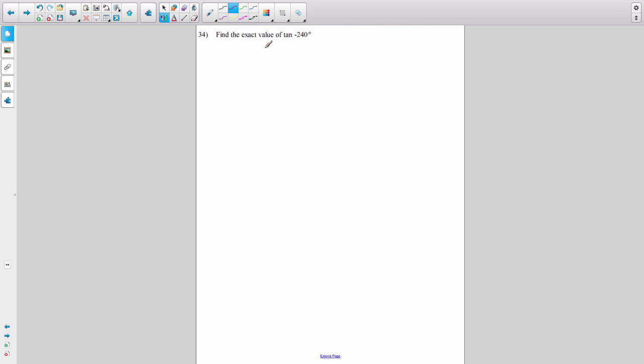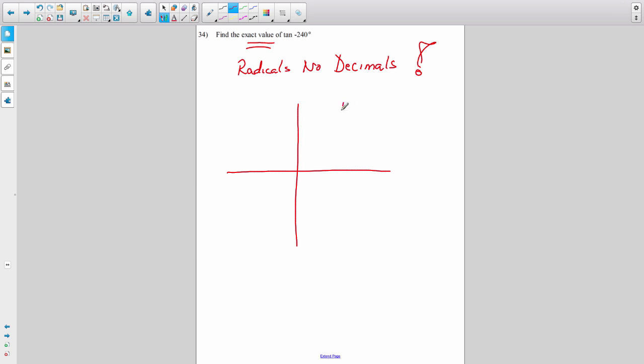Okay, so exact value. We're talking radicals. No decimals. That's what exact value means. So tangent of negative 240. Okay. So ASTC, negative 240 in standard position opens downward.